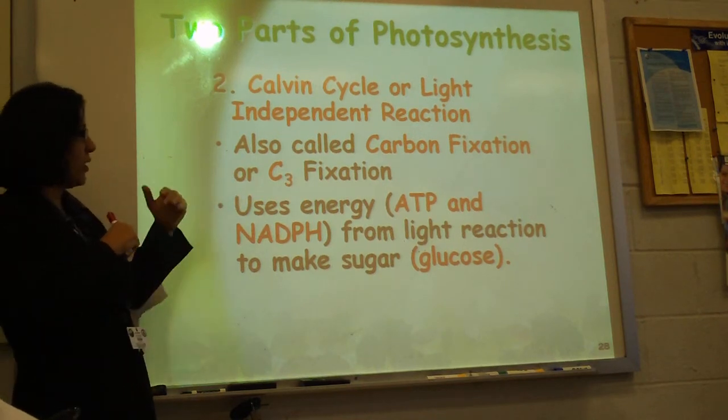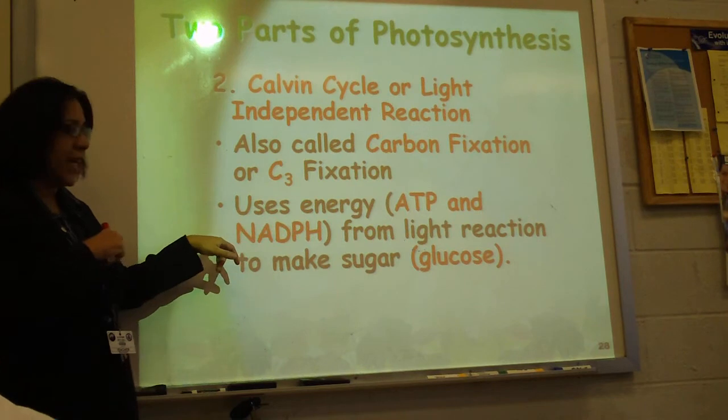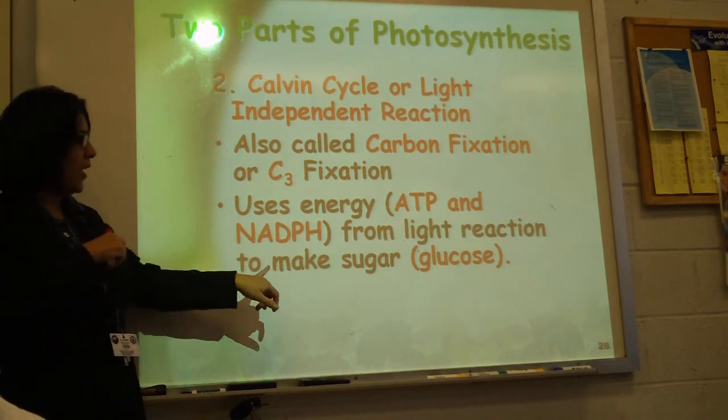So that's why it's called C3 fixation. It uses the ATP and NADPH coming from the light reaction, and it makes sugars.